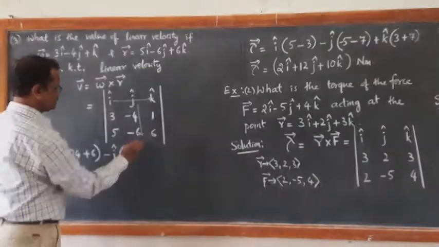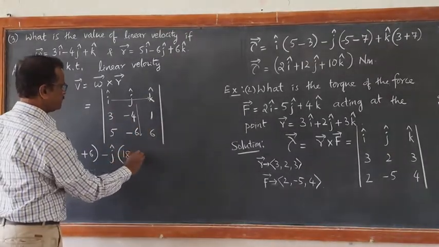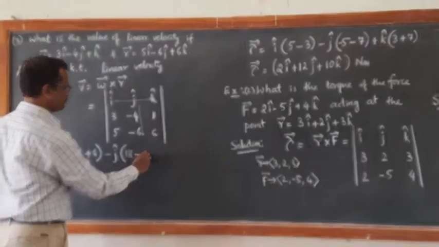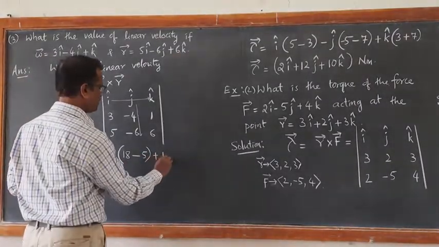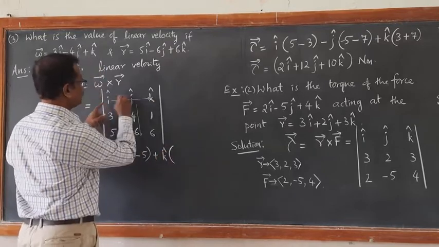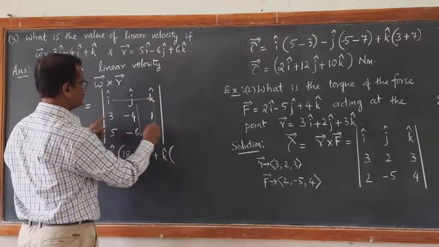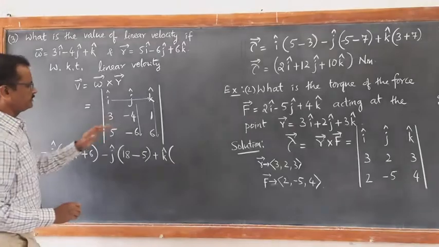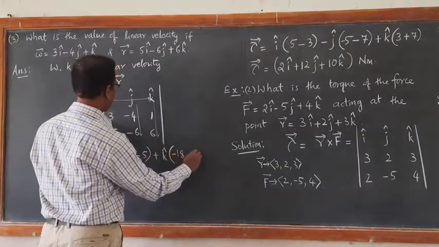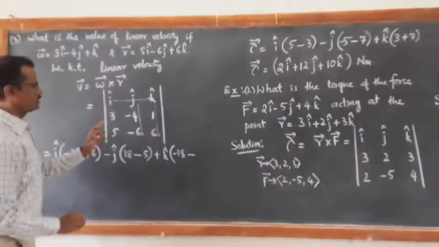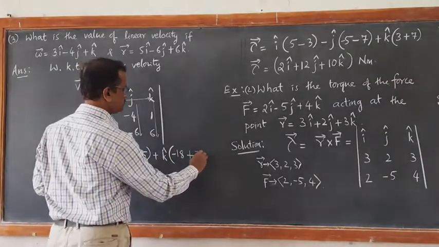You are left with 3 6 are 18, minus 1 5 are 5, 18 minus 5. The next k cap, leave the first row and second column. You are left with 3 6 are minus 18, minus 5 4s are 20, minus of minus plus 20.